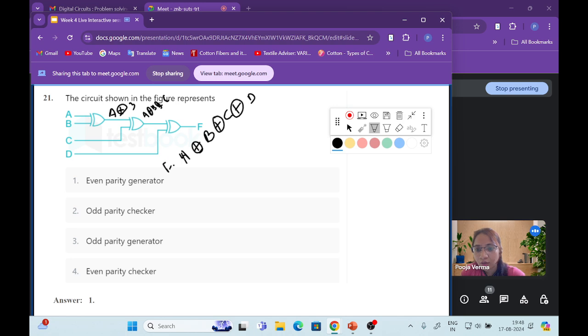F is equal to. Is it an even parity generator, odd parity generator, odd parity checker, or even parity checker?